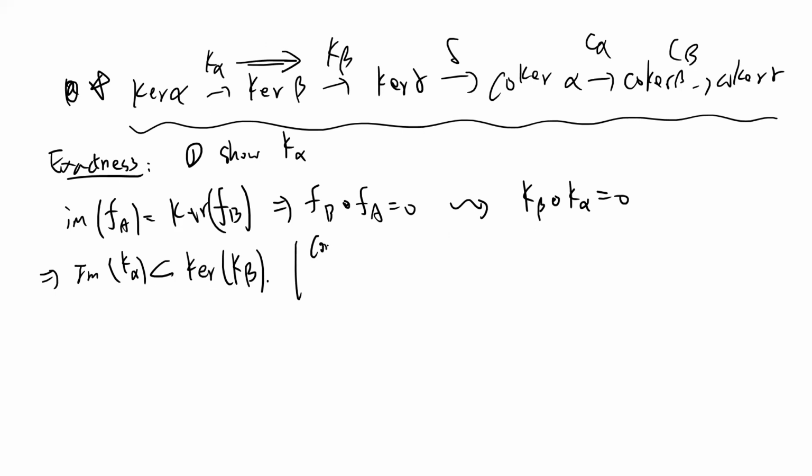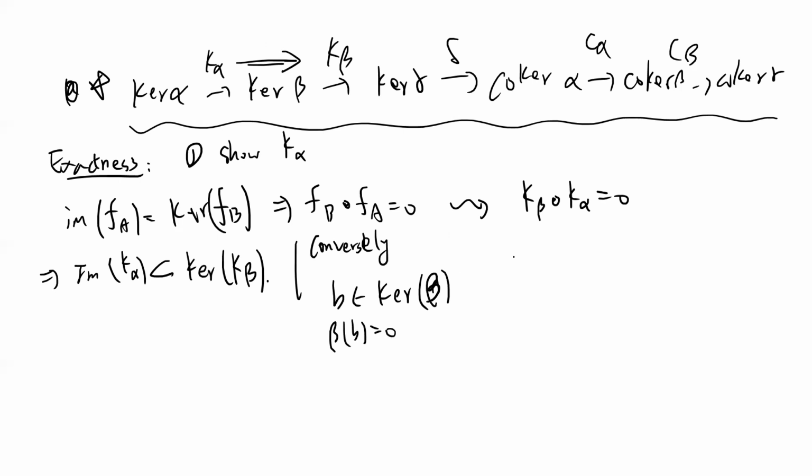So conversely, suppose you pick B in the kernel of K beta. That means beta B is 0.